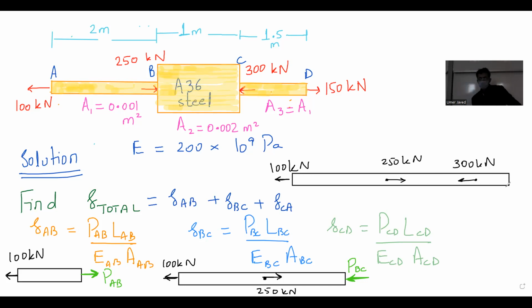Will I have something towards the right? I think so. So reaction, yeah. So 100 here, 250 here, 150 here, 300 here. So this one I will call CD. This is my PCD. I have made a cut.